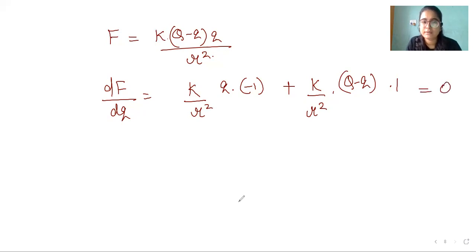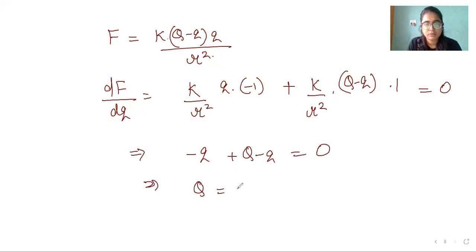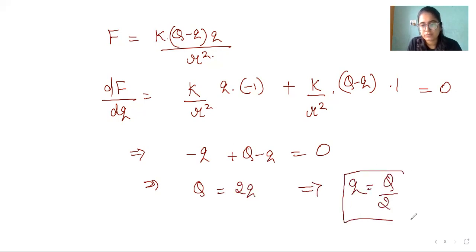You have to keep it 0. So K by R square you can take common out. So minus q plus Q minus q will be equal to 0. So you are left with Q is equal to 2q. From here you can write small q will be equal to Q by 2.